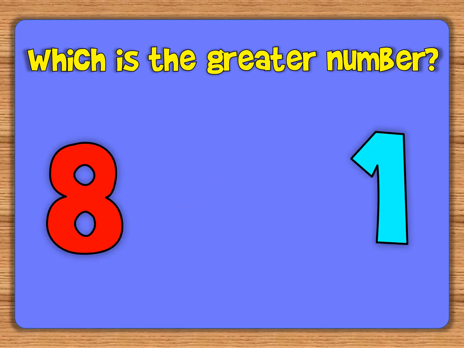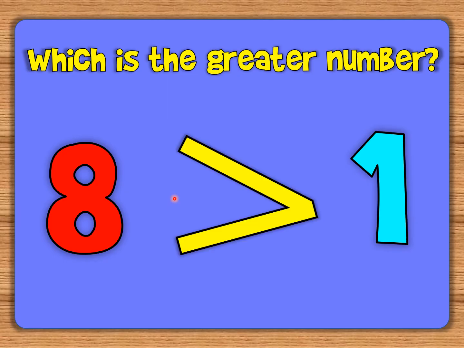Let's try another one. Ali alligator has two numbers to compare again, the number 8 and the number 1. Which number is greater? Remember, he only eats the number that is greater, the number 8. So he's going to open his mouth to eat the number 8.